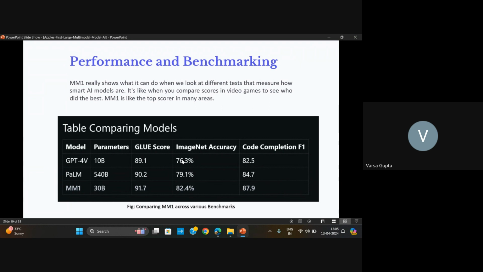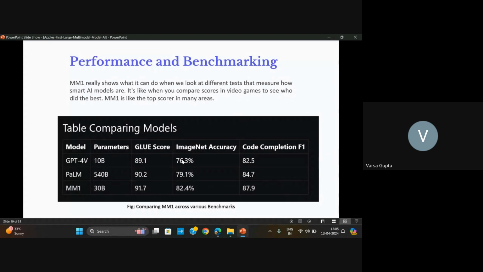All 3 models were compared in three benchmarks like GLUE score, ImageNet accuracy, and code completion. Basically, GLUE stands for General Language Understanding Evaluation. It is a framework that tells how well a language model can understand natural language, so it is related to natural language understanding.